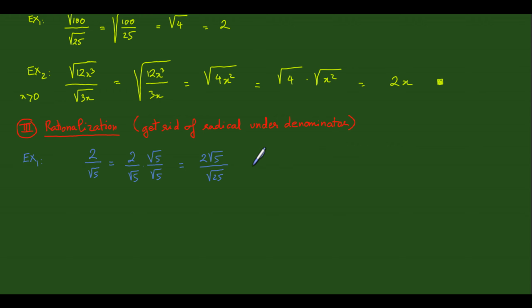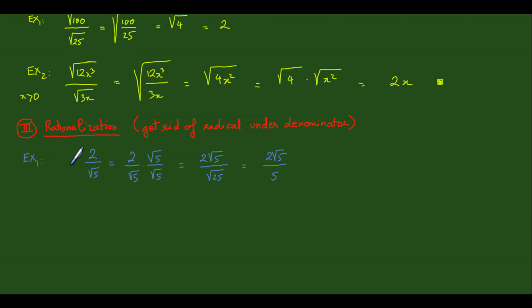However, at the bottom, look at that: 25 is a perfect square, and the square root of a perfect square gives you itself. So it gives you 5, because 25 is 5 squared, and the square root of 5 squared is 5. A lot of people know square root of 25 is 5, square root of 100 is 10, square root of 81 is 9.